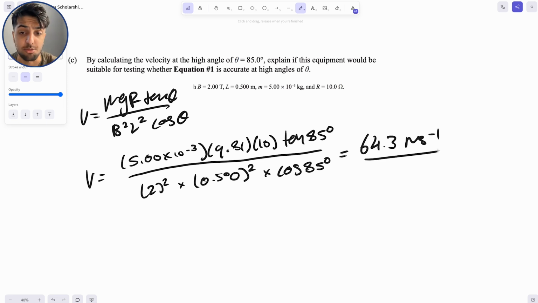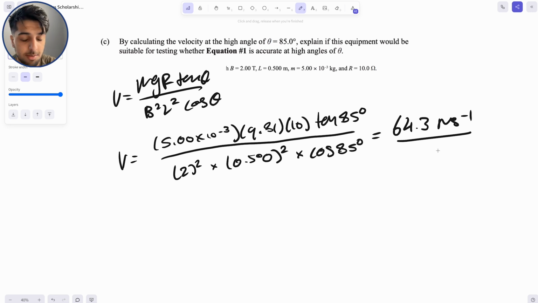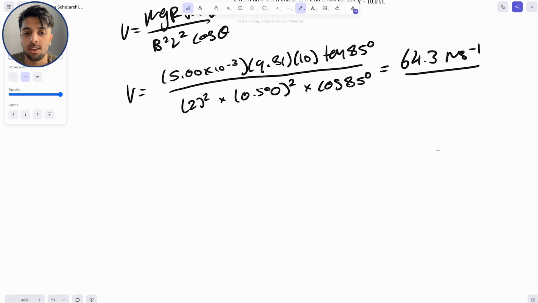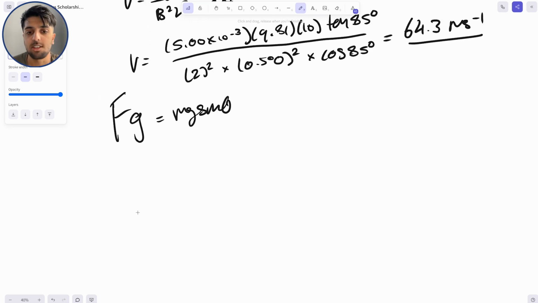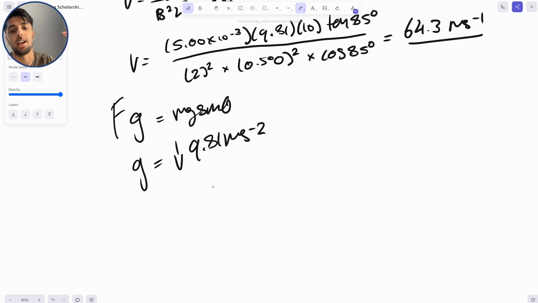Now, for this, we have to use our own intuition to see if the equipment that we're using is suitable for this test. So we know that the force Fg in this case is equal to mg sine theta, so we know the acceleration is actually less than 9.81 meters per second squared, because now we're not directly using gravity itself, it's a component of gravity.